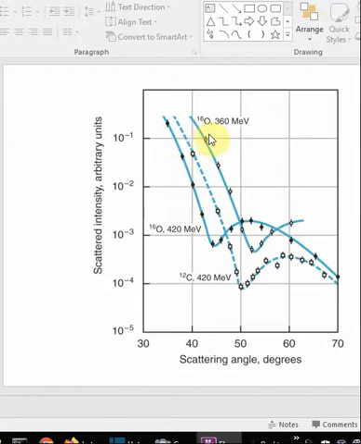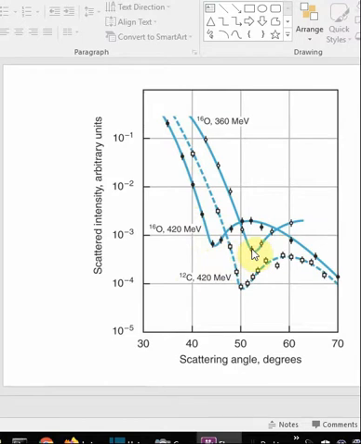So the target was oxygen 16, and the electron energies are given here: 360 MeV, 420, and this was carbon 12 plus here. So here's the first minimum for this. Here's the minimum for this. Here's that first minimum for this. So we can use that.